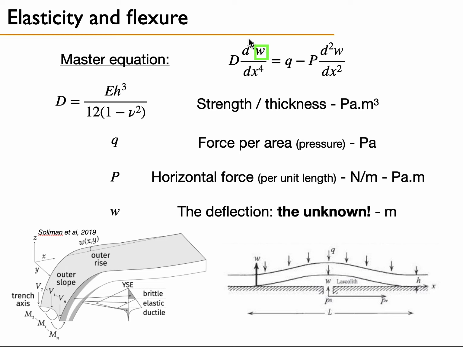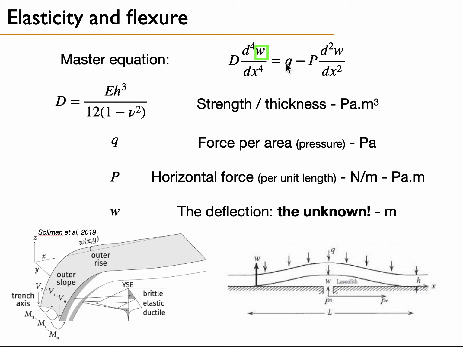On that side you have the fourth order derivative of W with regard to X multiplied by D, which is the rigidity parameter here, which includes both the effect of the thickness to the power 3 and the effect of material parameters, elasticity modulus, Young's modulus, and Poisson ratio.